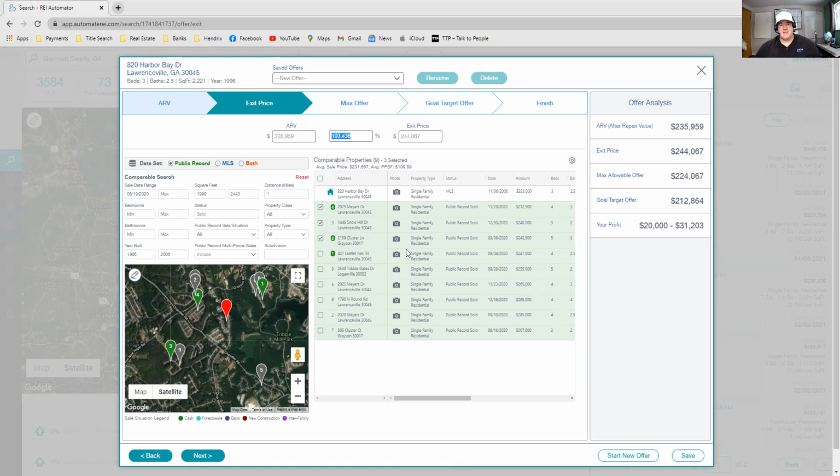They didn't have this last time I was in there. Apparently it accounts for the amount you should be able to sell it for above the ARV, considering when they last sold. I still don't like that. We're just going to do 100%.